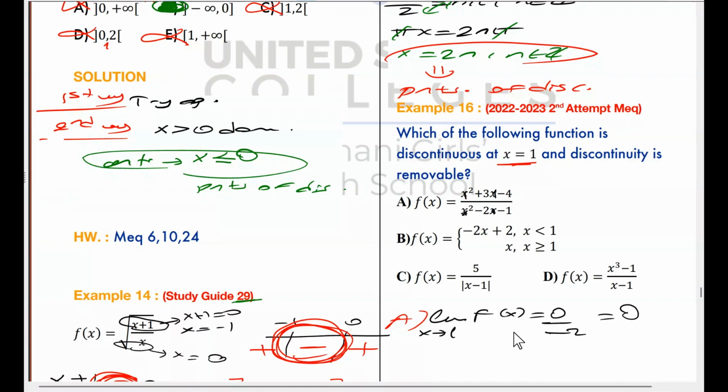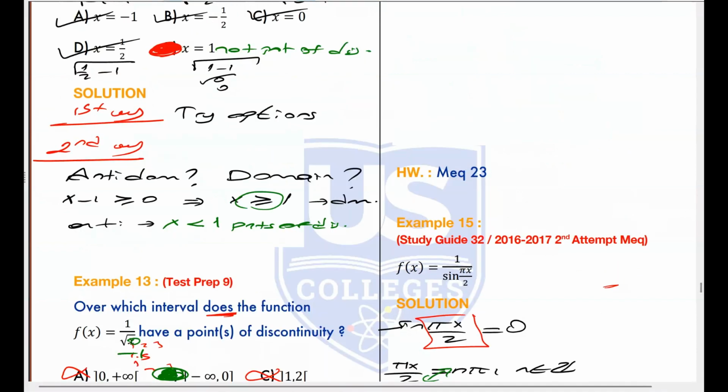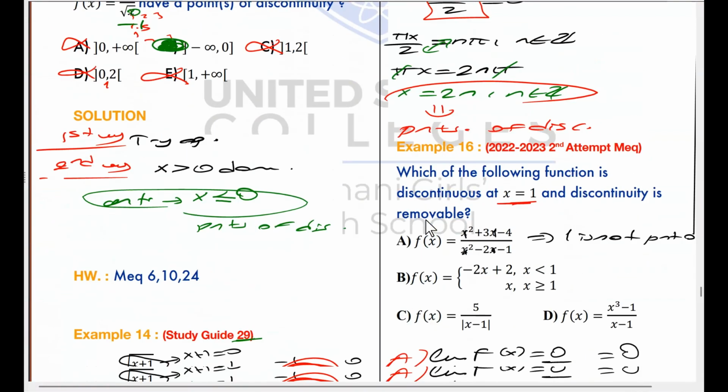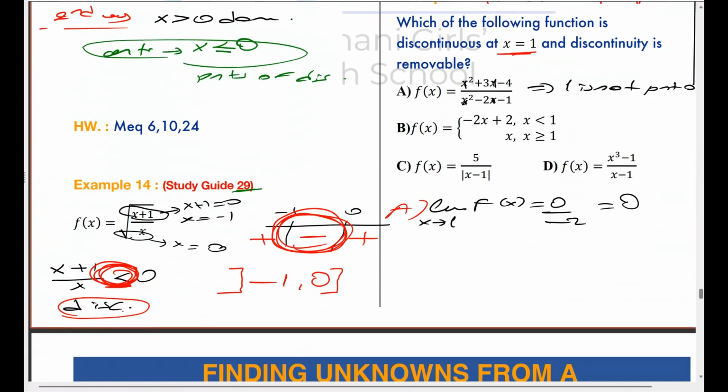So 1 doesn't make the denominator 0. 1 is not a point of discontinuity. It's not even a point of discontinuity in option A. So no need to solve A actually, because 1 is not a point of discontinuity. So we can't talk about the type of discontinuity since it's not.